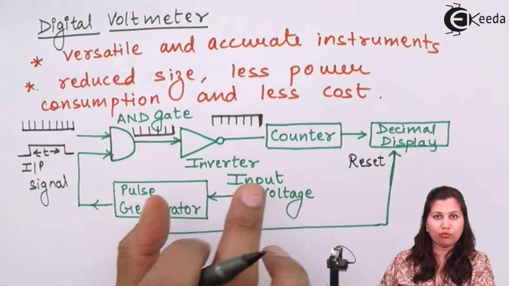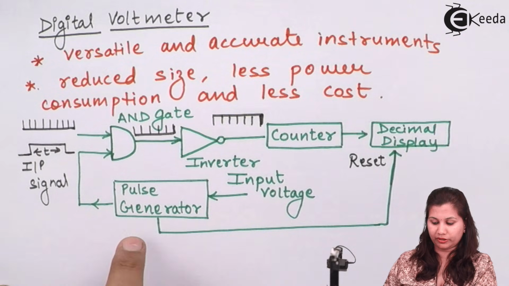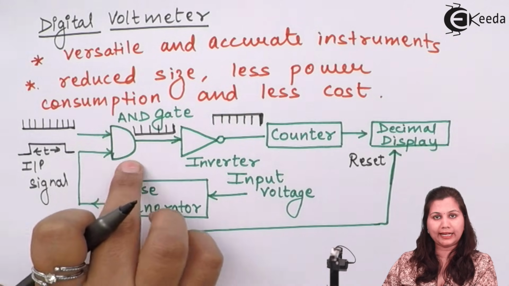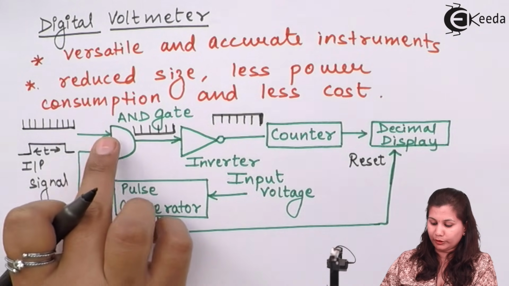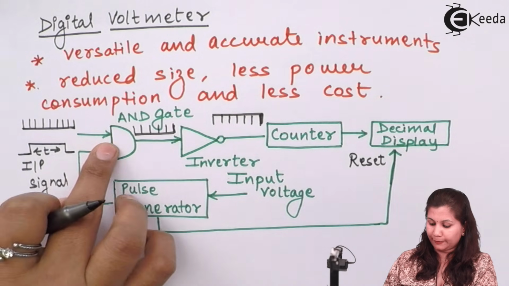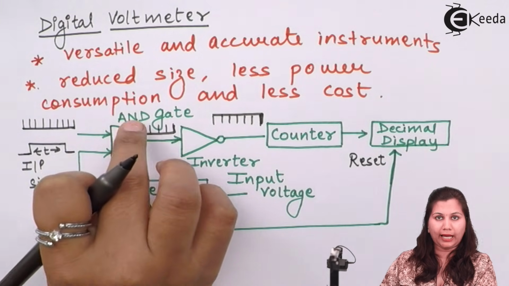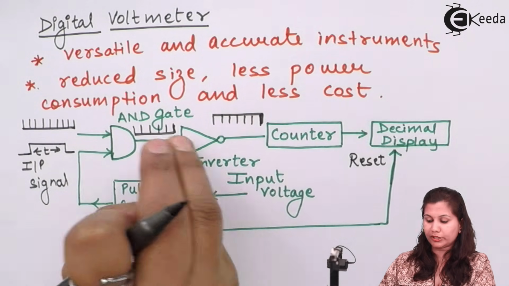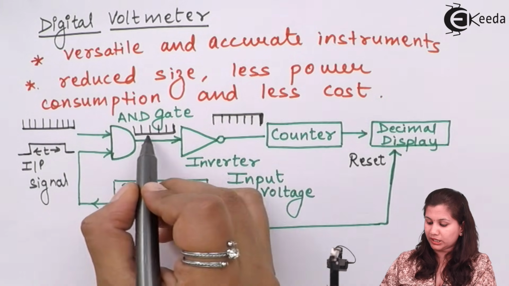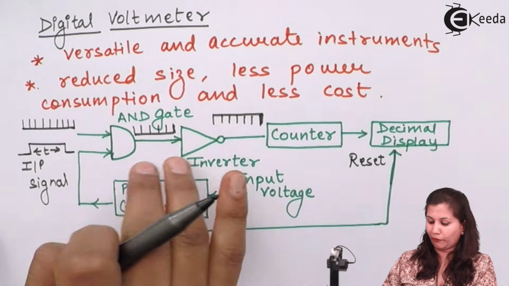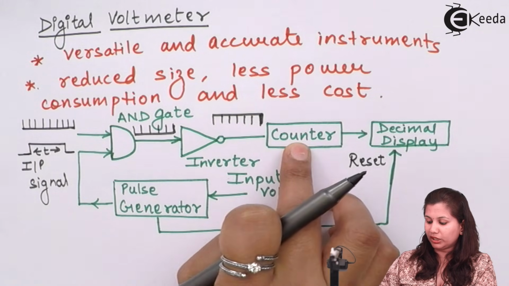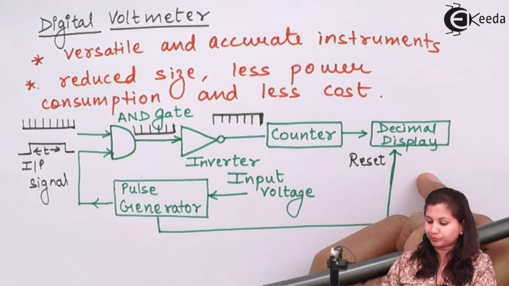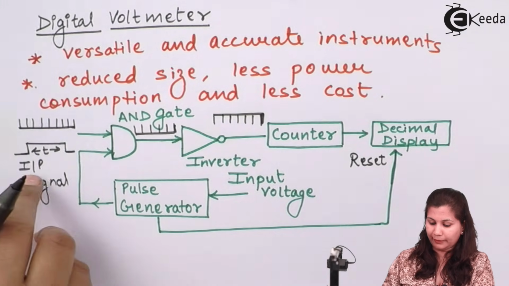The input voltage which we want to measure is applied to the pulse generator. The pulse generator output is given as one input of the AND gate. Another input of the AND gate is a rectangular pulse. Output of the AND gate is given to the inverter, whose function is to invert the waveform, so the output waveform is the inverted form of the input. Then the output of the inverter is given to the counter, and the output of the counter will be displayed here. So that is the block diagram.